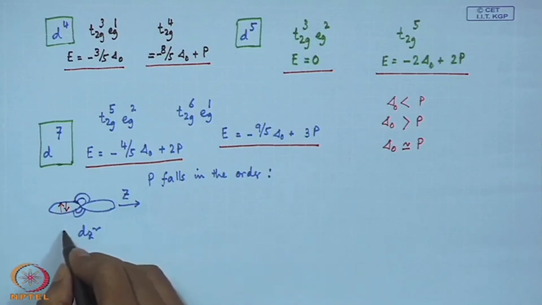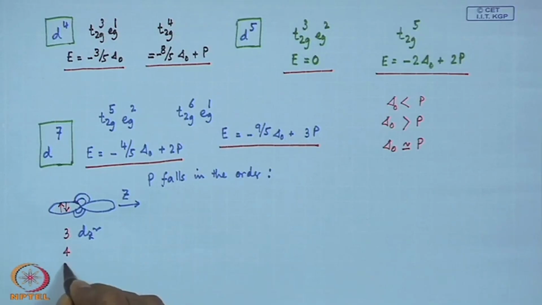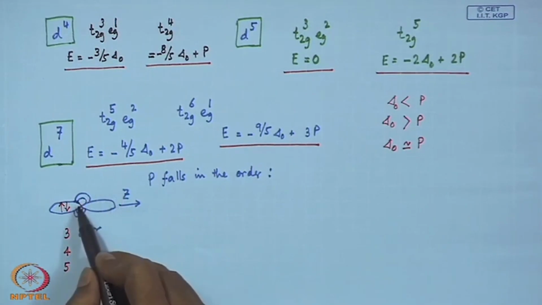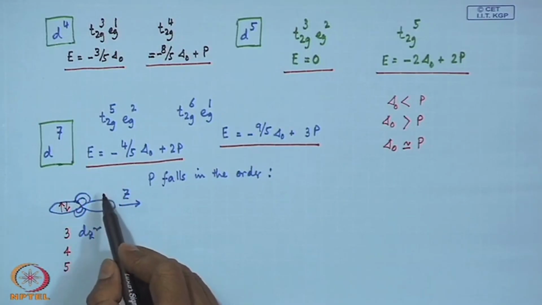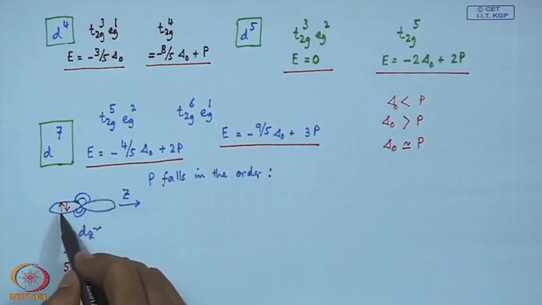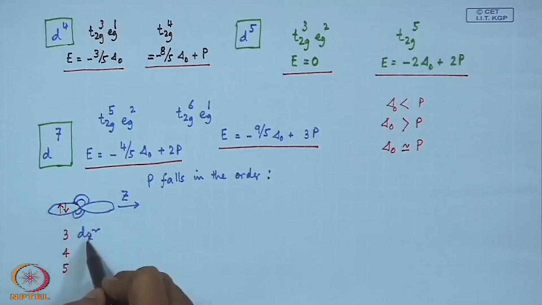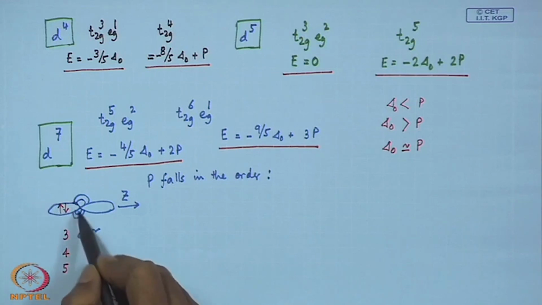So compared to 3dz square, 4dz square and 5dz square, when the principal quantum number is changing from 3 to 4, 4 to 5, the size of these d levels is increasing. That means the maximum amount of repulsion can be observed when 2 electrons are present in the 3dz square level, where the size is smaller compared to 4dz square.